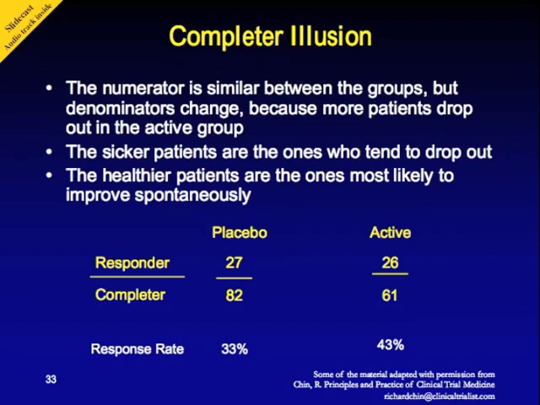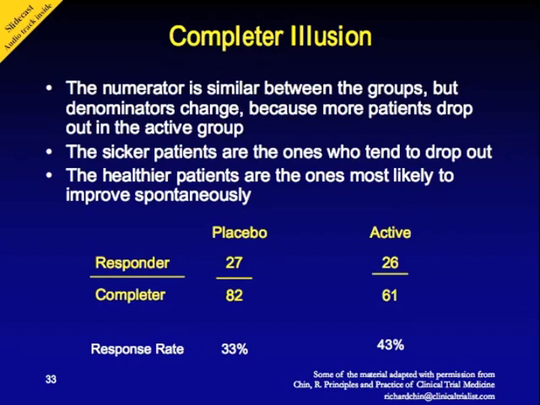So the denominator is 82 for the placebo and 61 for the active. So even though the exact same number of patients responded, the denominator is larger in the placebo group. So the response rate looks artificially higher than it actually is.